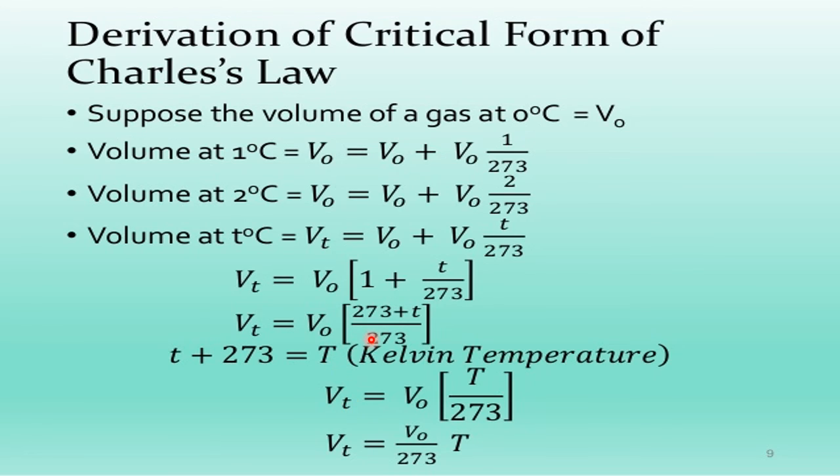Therefore, this is modified as Vt equals V naught by 273 into capital T. That means you can convert Kelvin to degree, degree to Kelvin; the only thing is you have to add 273. That we have learnt in the 9th class. So this is the extra knowledge we get in the 11th class.